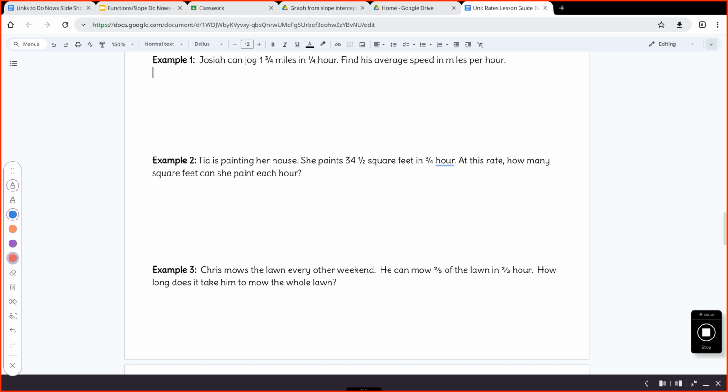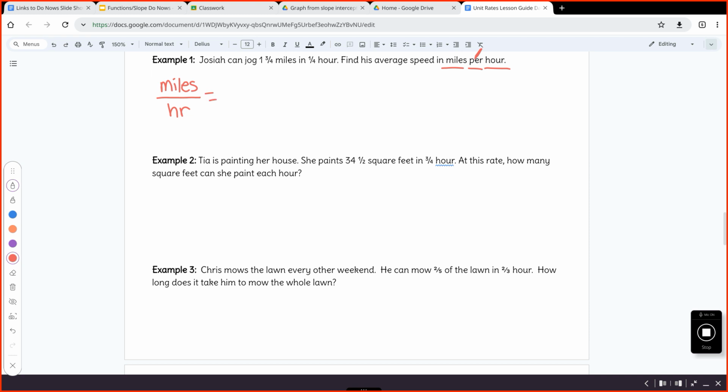In this case, we are working with miles per hour. Every time you see per, I want you to think of division. So our rate is miles to hours. Miles goes first, then hours, so we have miles over hours.